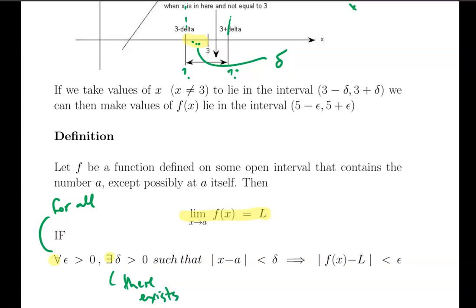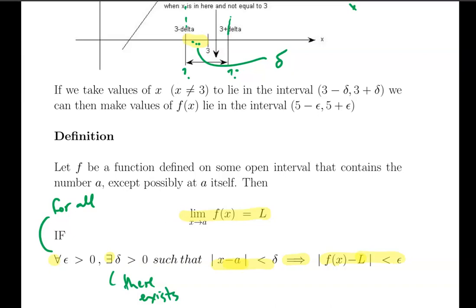There has to exist a delta greater than 0 such that if you're in that plus or minus delta window of a, that will imply you're in that plus or minus epsilon window on the y-axis.